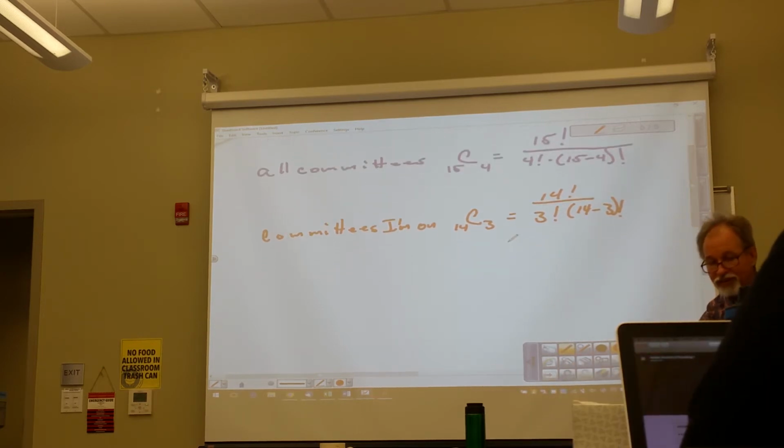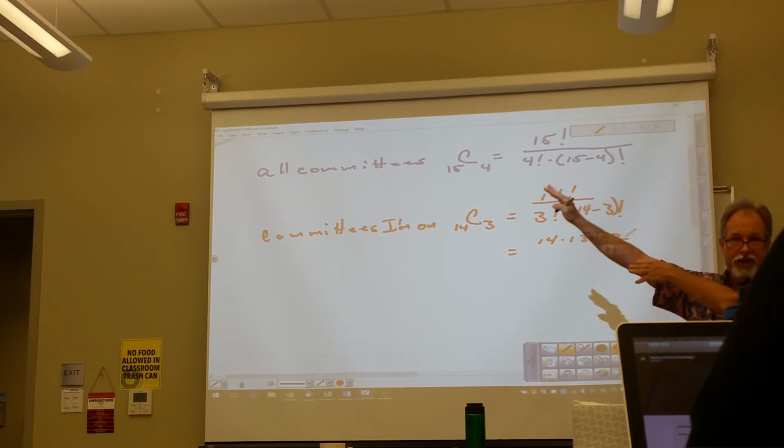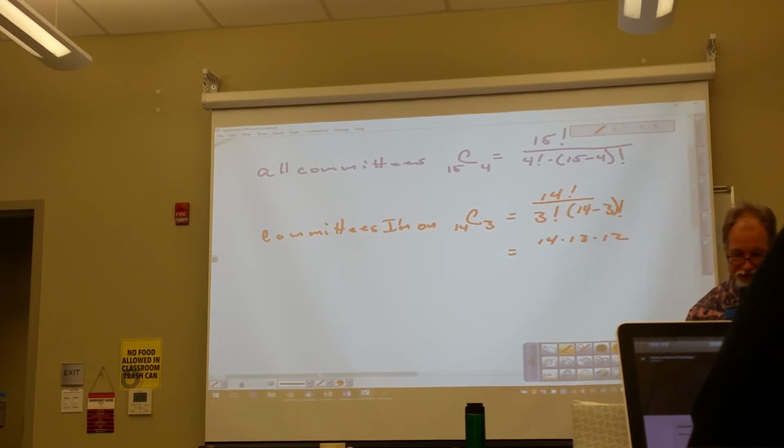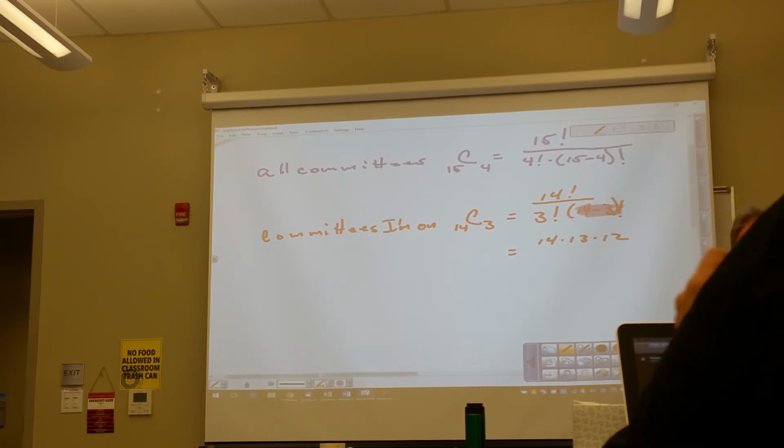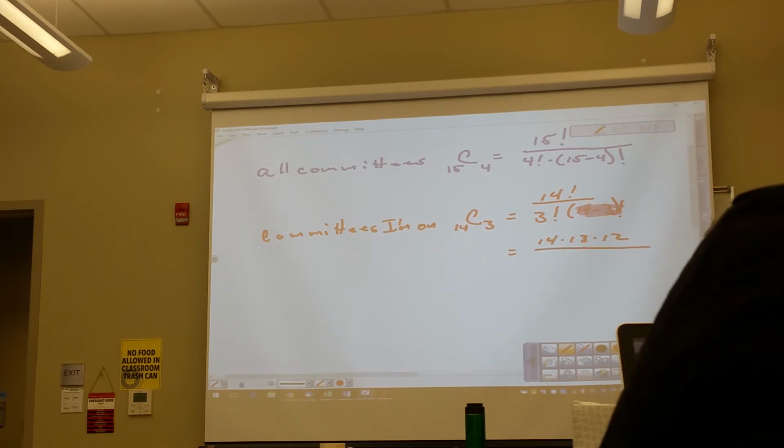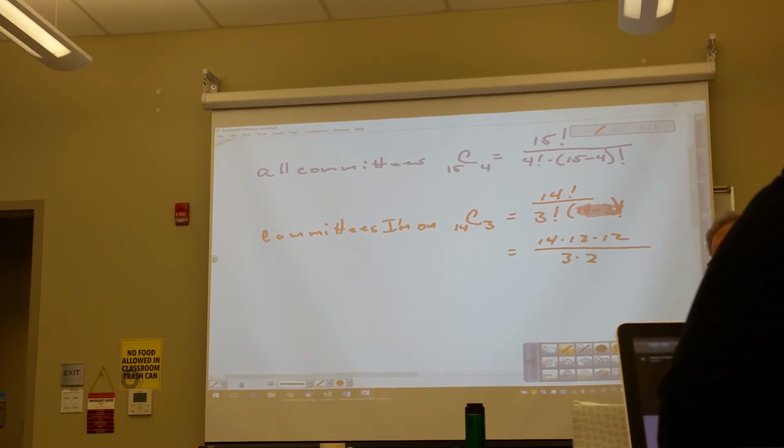Which basically means that if I did that, I'd get 14 times 13 times 12, because everything from 11 on down would be wiped out by this. Right? And then the other part of my denominator would be 3 times 2 times 1.